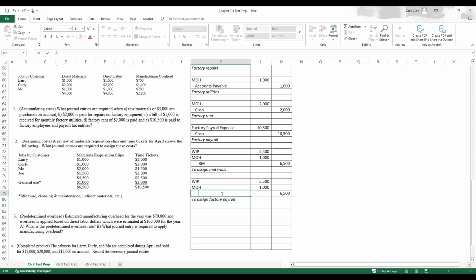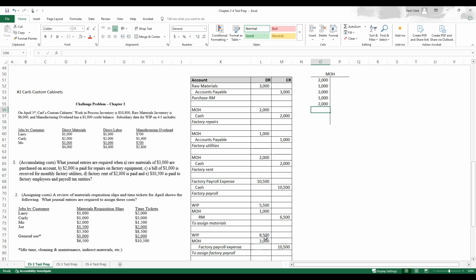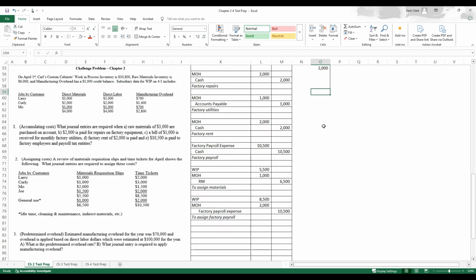So here we're going to credit factory payroll expense, and it was a total of 10,500, and we're going to put 8,500 into WIP, into the specific jobs, and 2,000 to overhead.